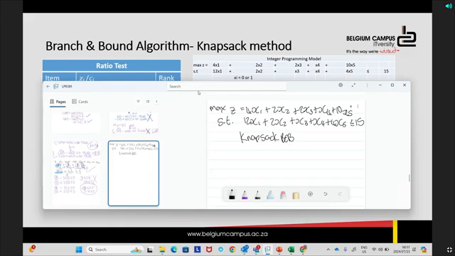All right, with the knapsack branch and bound, your first step is to get a ranking table, to determine what would be the best route to take. So the most efficient route to get your most optimal answer. So you don't literally have to do all the combinations.